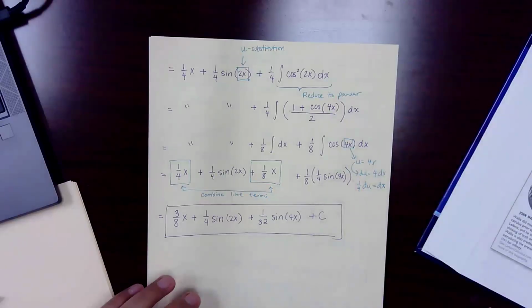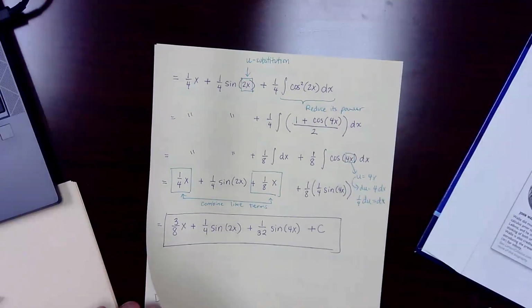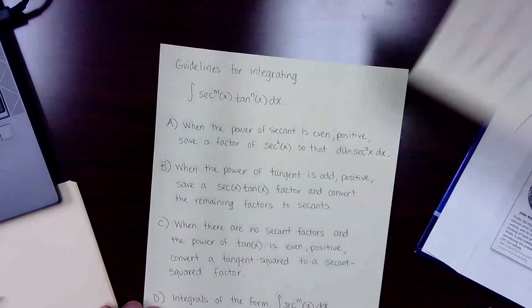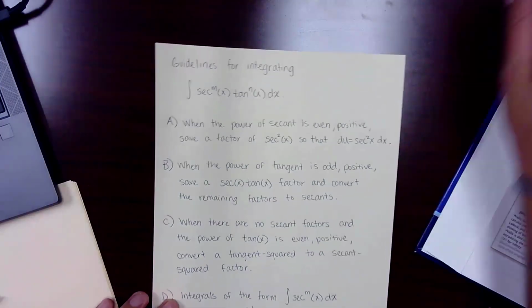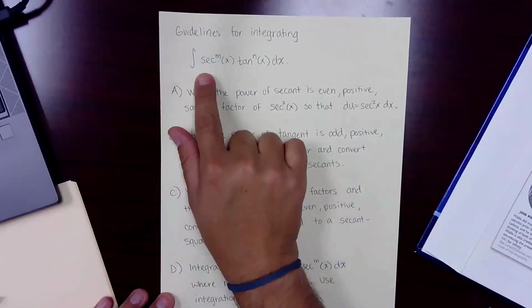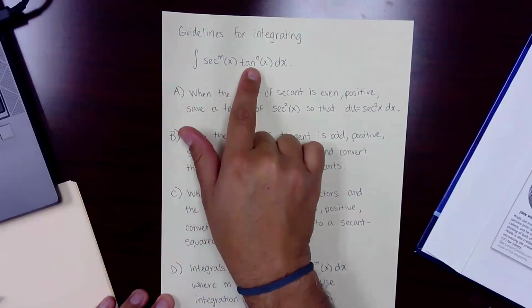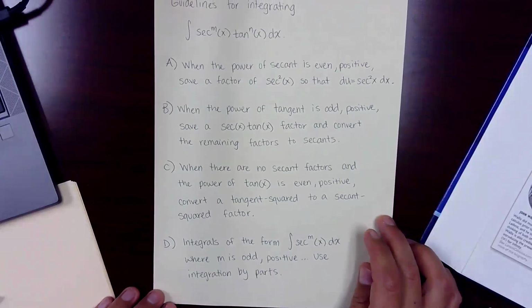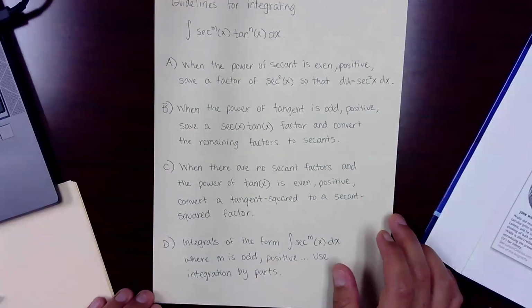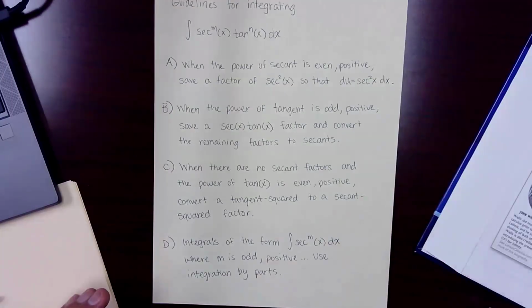Fun stuff. Well, I think that those three examples are going to be really nice. But now we're going to turn our attention to guidelines for integrating things of the form secant to the m power of x times tangent to the n power of x. And there are four situations that we have to watch out for in this particular subsection.